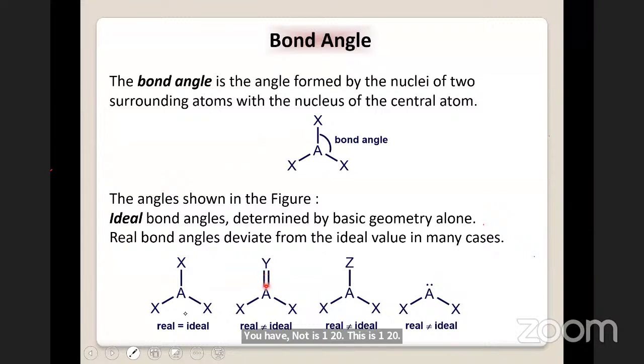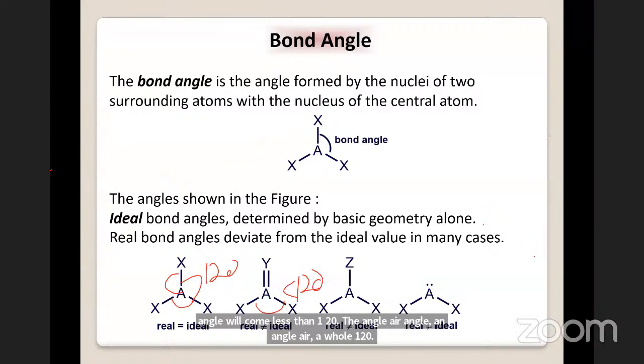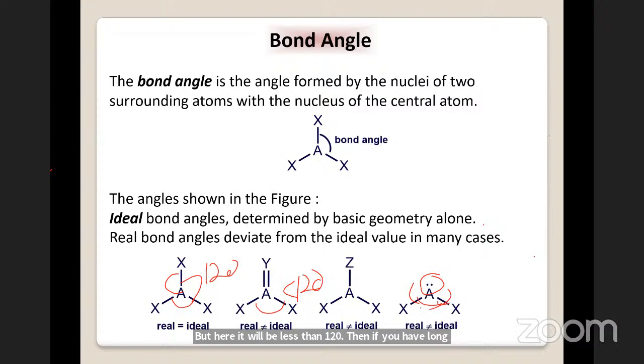But if you have a double bond, this double bond will repel this angle, and this angle will become less than 120. The angles here are all 120, but here, it will be less than 120. Then if you have lone pair, it will repel this angle. So this angle will be less than 120.